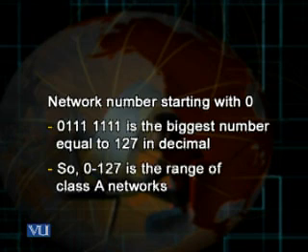So in all, we can say that there are about 16 million host machines which can have unique addresses in class A type networks.